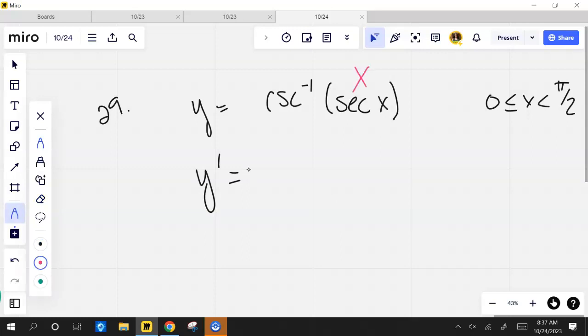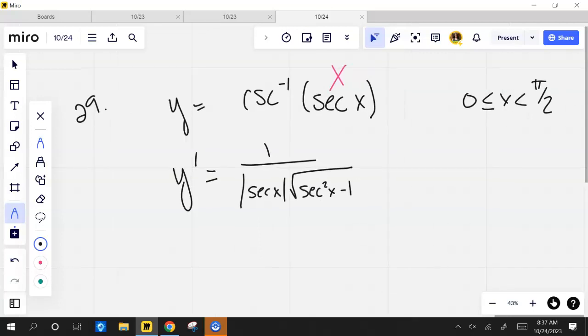I'll go back and chain it in just a second. So 1 over the absolute value of secant x times the square root of secant squared x minus 1. So that is that times, and now I need to chain it. What's the derivative of secant x?